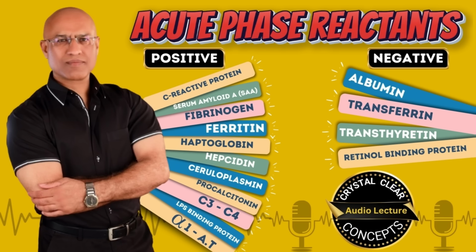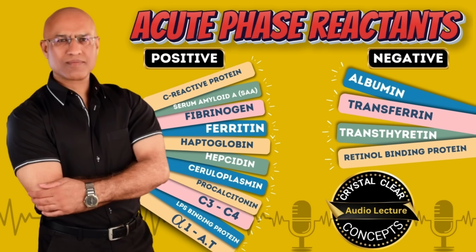So our liver is very clever. It reduces the production of transferrin. So the ability of the blood to transfer iron here and there is reduced, so that we deprive the pathogens, wherever they are in the body, of iron.